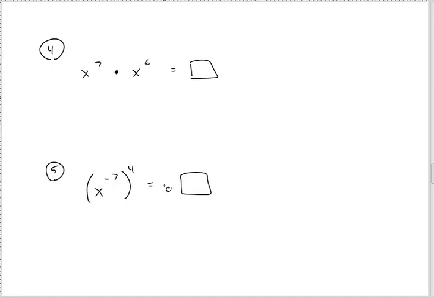Number 4 and 5 I also grouped together because I thought they're very similar. They definitely have different actions, but they're the smaller steps so that we can get to the bigger ones here in a few minutes. So what we're doing here is multiplying your bases, and so what we're going to do is we add the powers.